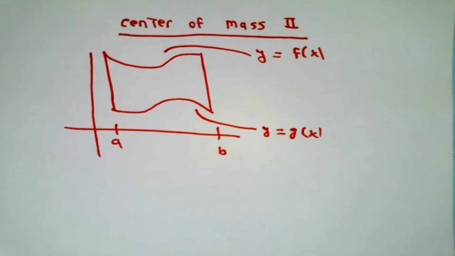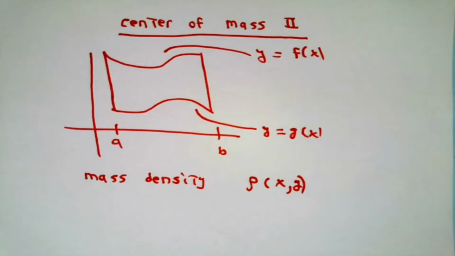In addition to the fact that I have many more points than I did previously, we're going to have an additional complication. We're going to think about the situation where the mass density, the amount of mass per square meter of material here, may vary from position to position. Depending on your location within the region, you'll have a mass density of rho, which will depend on both x and y.